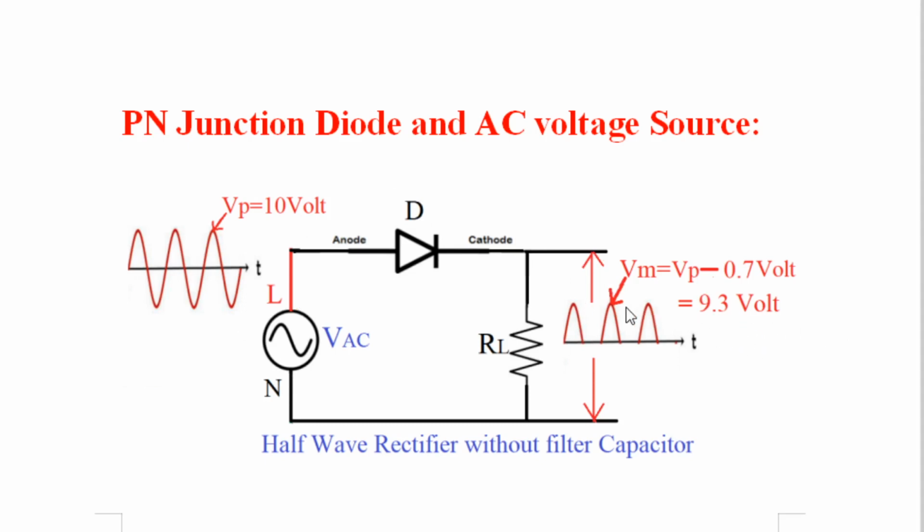So the important factor I want to communicate here is that the maximum voltage at the output of a half wave rectifier circuit is the peak voltage applied by you minus 0.7. And why is there a loss of 0.7 volt? Because of the diode. So here the maximum voltage VM is 9.3 volt, because VP is 10 volt.